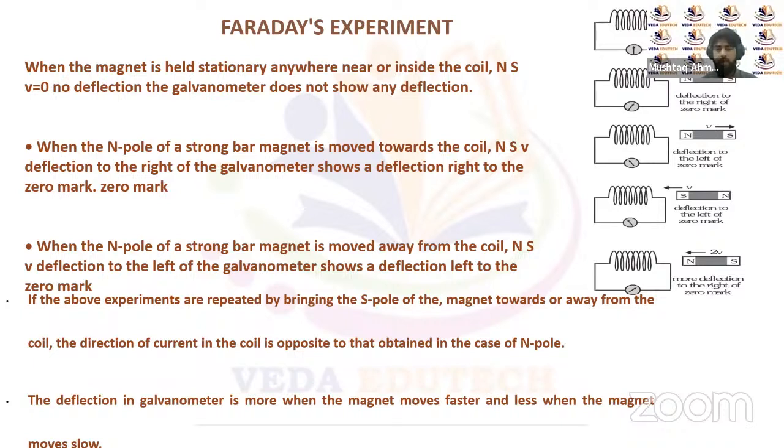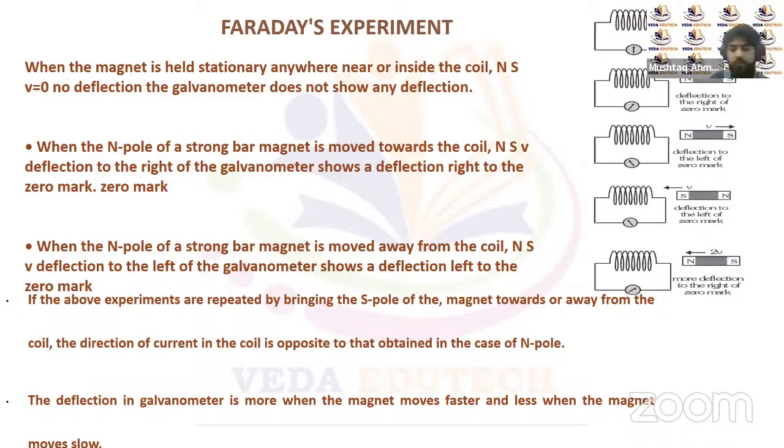Faraday had an idea that current can establish a magnetic field around a conductor. When a current flows through a conductor, a magnetic field gets established around the conductor.